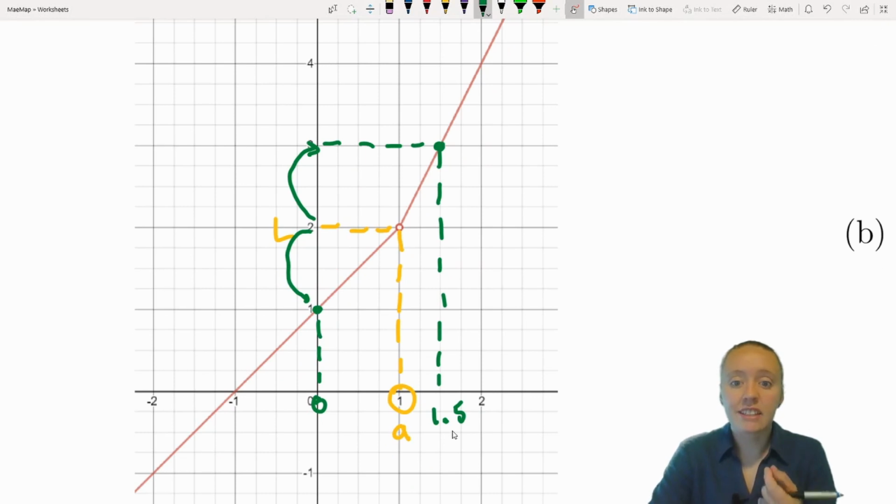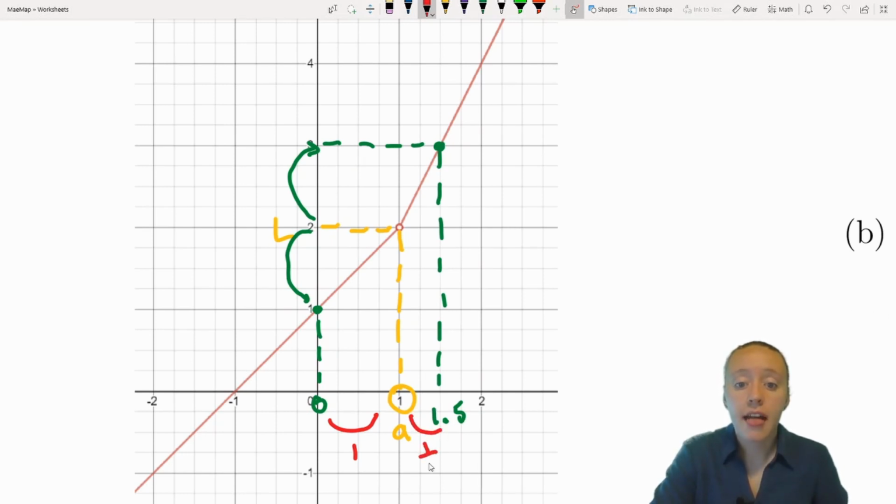So let's find that delta value. Well, from a to 0, that's a change of 1, and from a to 1.5, that's a change of 1/2, or 0.5. And remember from up above, which one do we want to be our delta value? We want our delta value to be that smaller one.